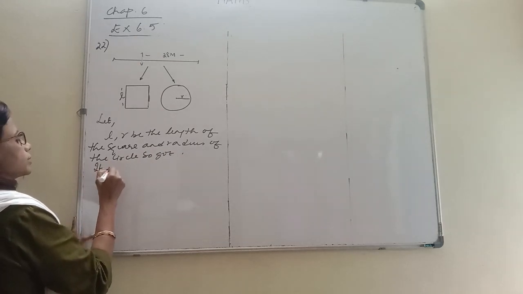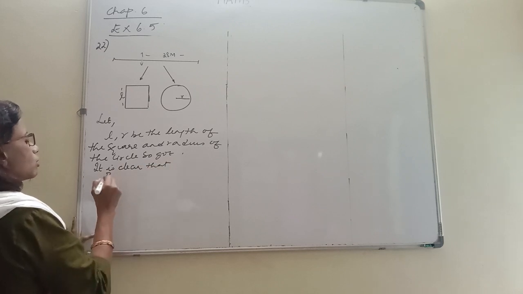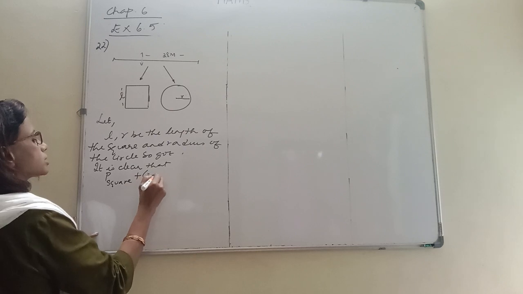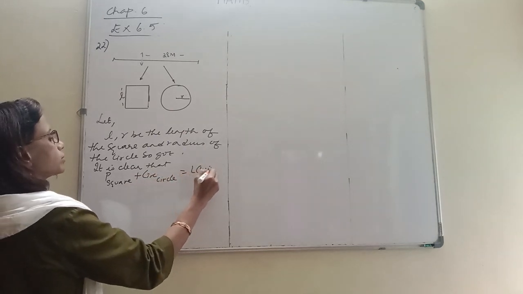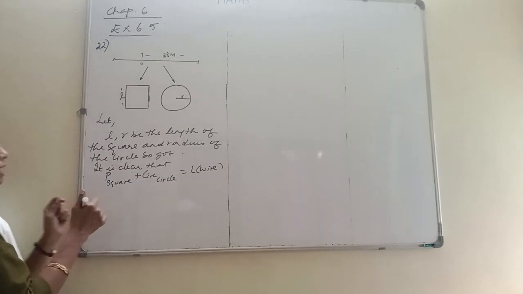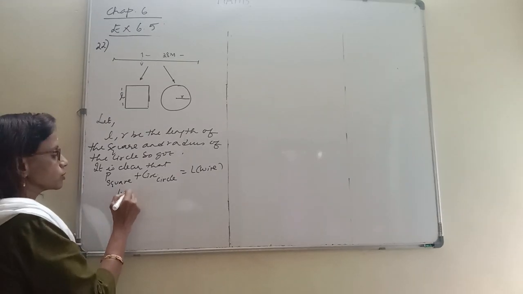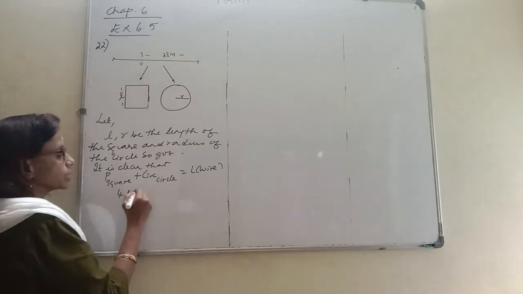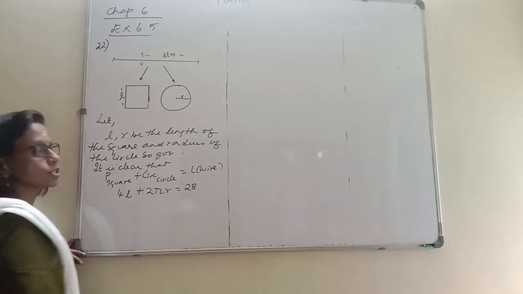It is very clear to us that the perimeter of the square plus the circumference of the circle is going to be the length of the wire, because that wire is cut and made like that. The perimeter of the square, because we call the side L, is going to be 4L. Because we have called the radius R, we know that the circumference of the circle is 2 pi R. And the length of the wire we know is 28.